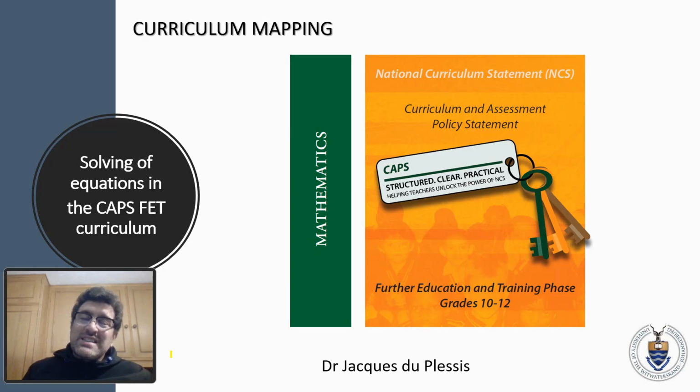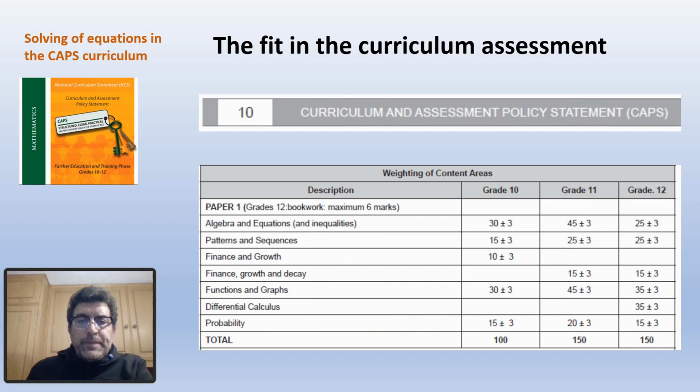I decided to use the solving of equations in the CAPS FET curriculum just to give you an idea of how this works. Okay, so we start off by looking at what I call the fit in the curriculum assessment. If we look over here, algebra and equations and inequalities are in grade 10, 30 to 33 marks, grade 11, 45 to 48, and in grade 12 again 25 to 28.